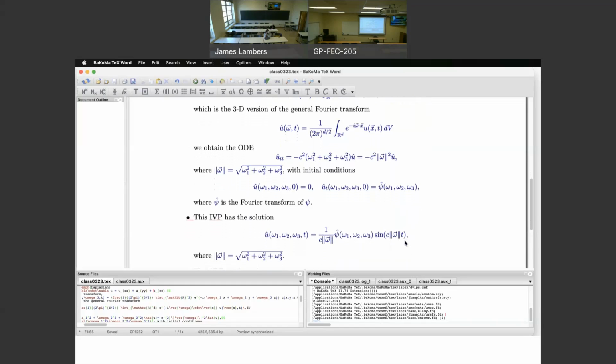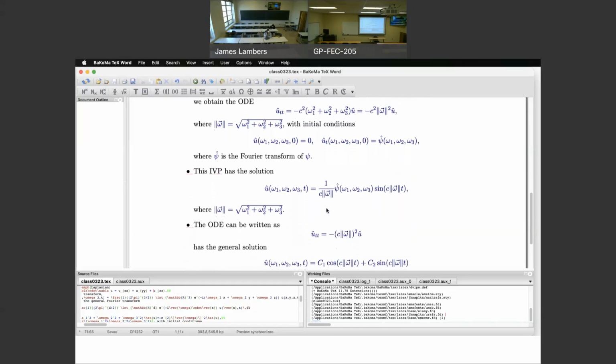Now, I want to take a little time to explain how I got this solution. Because if you look at this ODE, I've written it slightly differently here. So we have u hat tt is minus this coefficient squared times u hat.